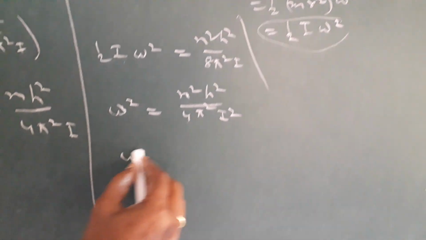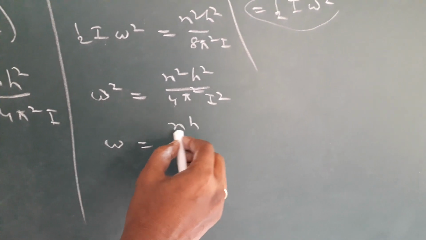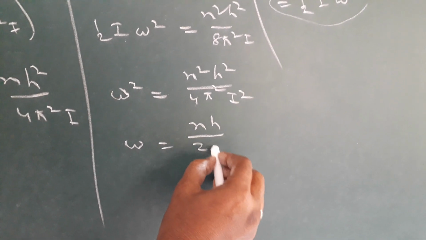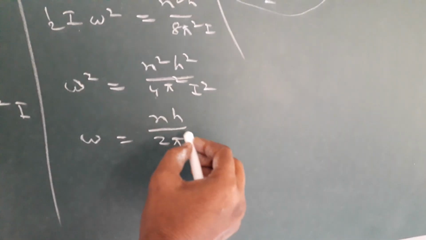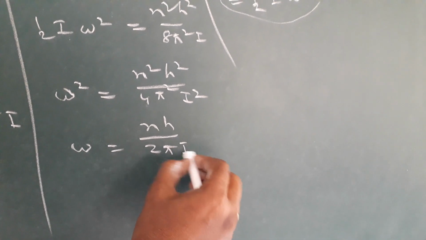So omega is equal to nh divided by twice pi I.